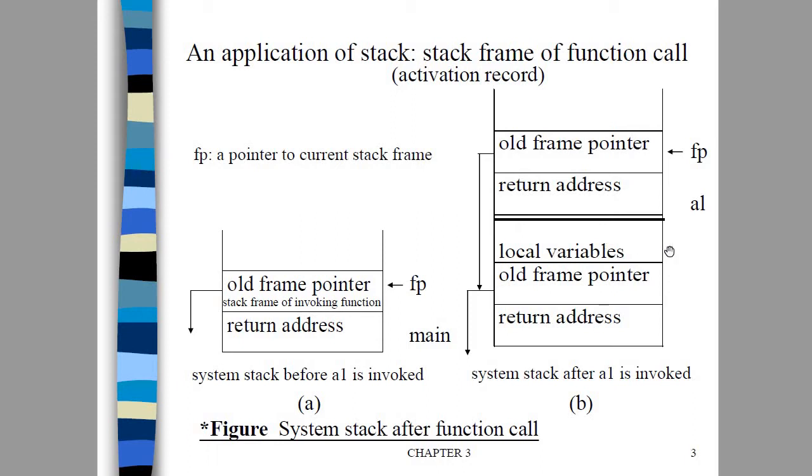If you are returning from that function, where to return, that detail also will be stored here. The return address details will be stored in the stack. In this way, if we are calling multiple functions one after another, we can manage the function calls using the stack.